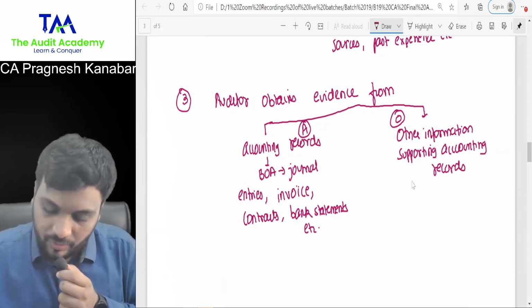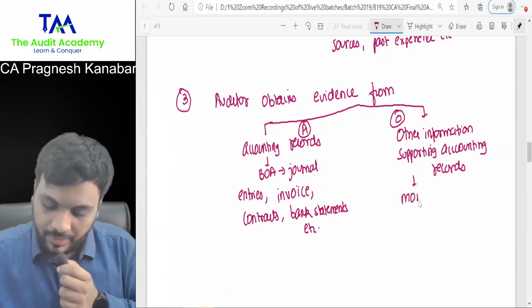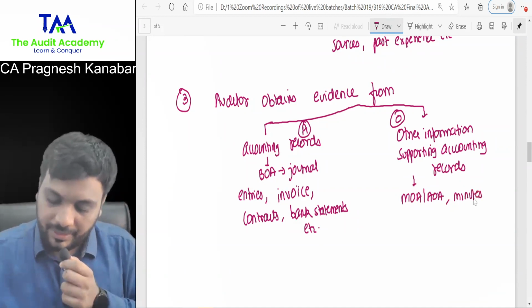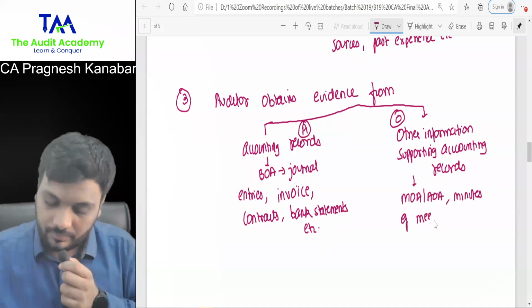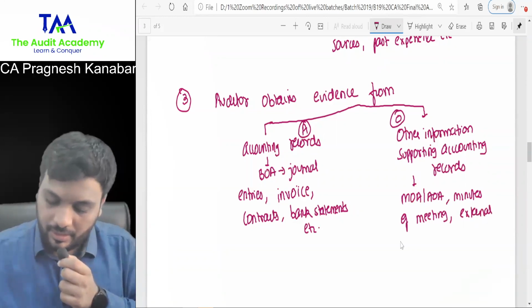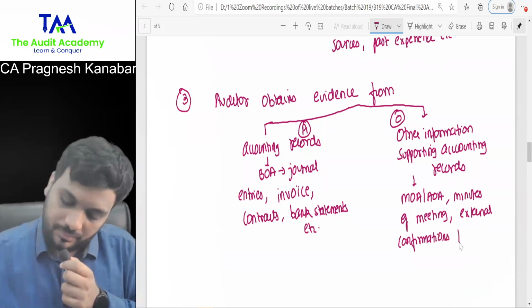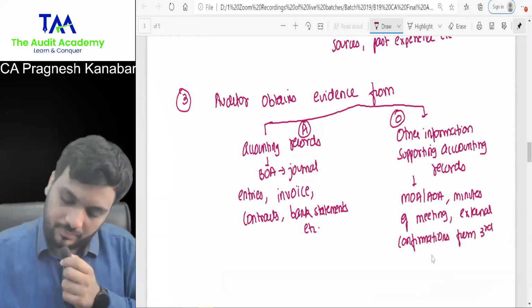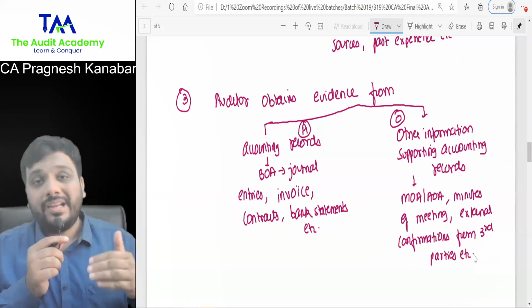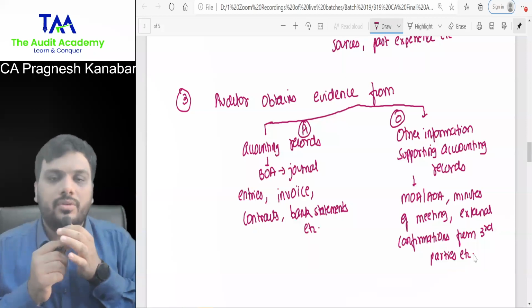But when it comes to MOA, AOA, minutes of meeting, external confirmations from third parties, all of that is other information supporting accounting records.